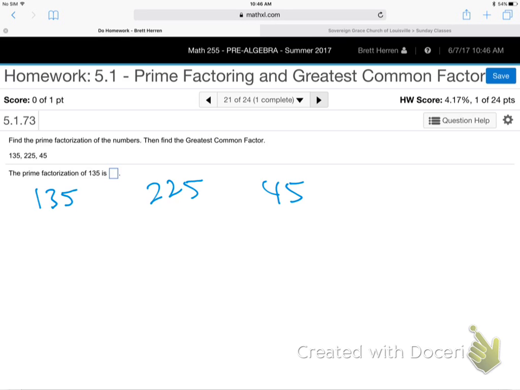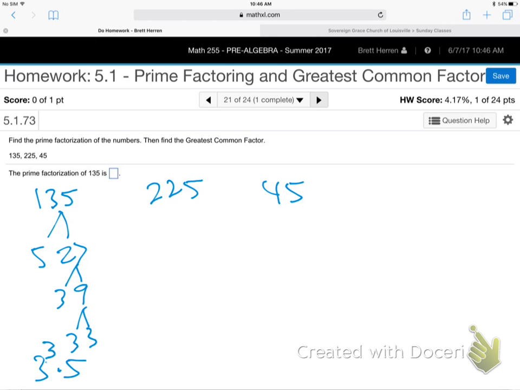All right. So break it down. 135. What's that? 5 times 27, and that's 3 times 9, and that's 3 times 3. So that one is 3 cubed times 5.